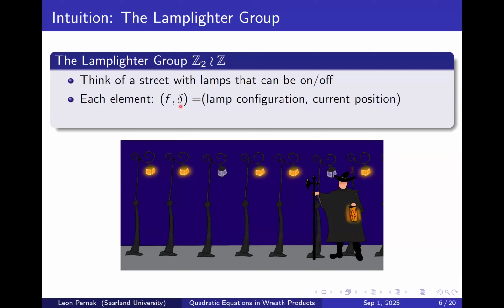And then the group product is just, we are telling the lamplighter, who already generated a specific configuration and is at a current position, to now produce the next configuration, the thing that we are multiplying with. So he walks around the street and turns lamps on and off, or specifically switches the states of the lamps. And he, after that, moves by the translation part of the second element and adapts his position.